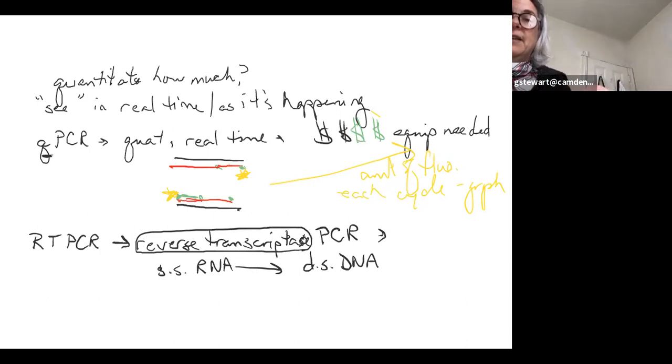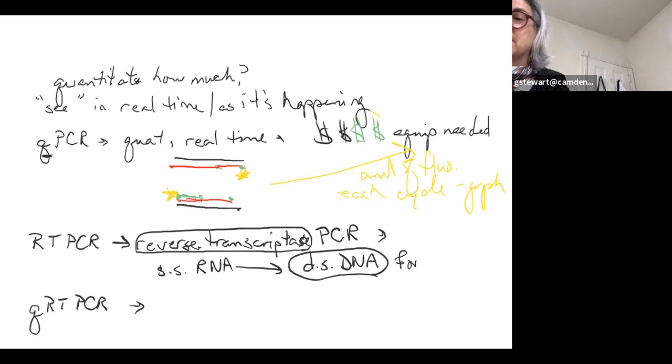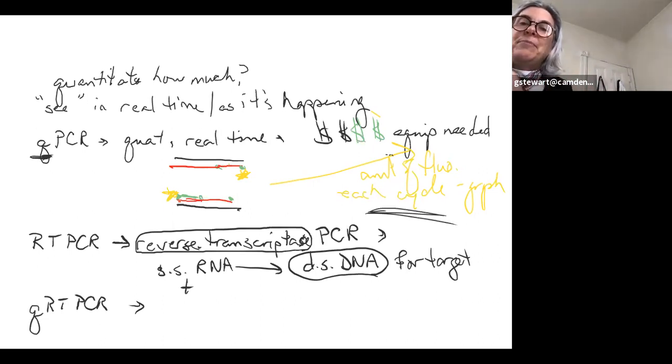So you might even see sometimes this qRT-PCR, right? So if they use reverse transcriptase to get to the double-stranded DNA for the target sequence in the PCR, and they are looking in real time how much that particular sequence is being amplified, you might see all of those letters together, right?